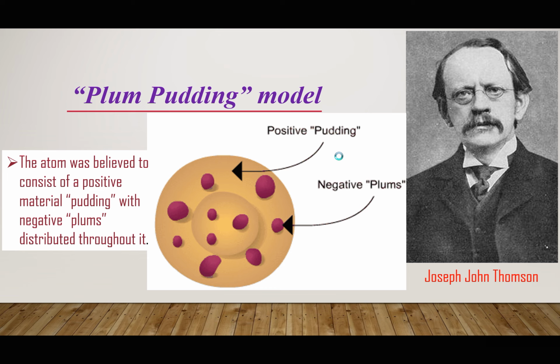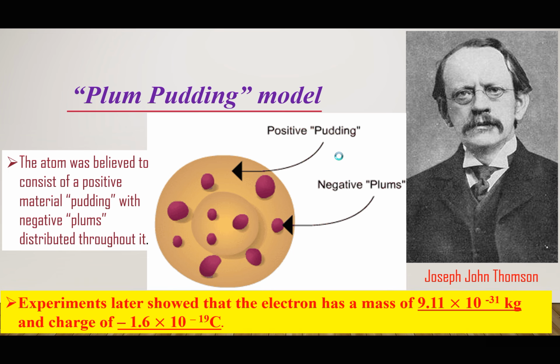But of course, before testing this model, after J.J. Thomson suggested that an atom is a positively charged material with negatively charged particles distributed all over it, experiments carried out later on showed that the mass of an electron, the negatively charged particle, was approximately 9.11 times 10 to the power of minus 31 kilograms.